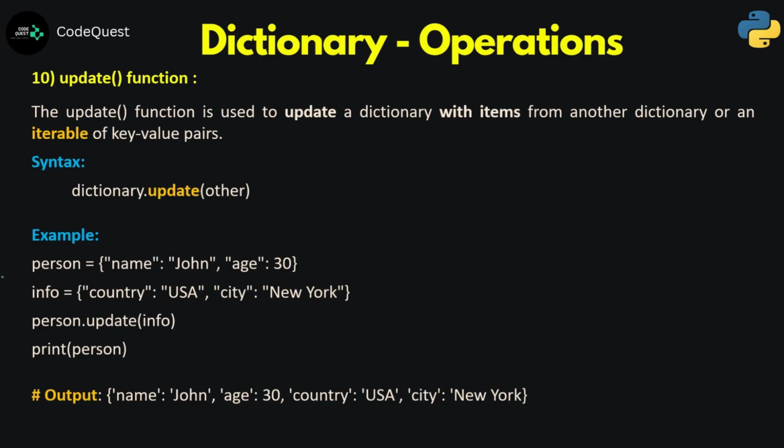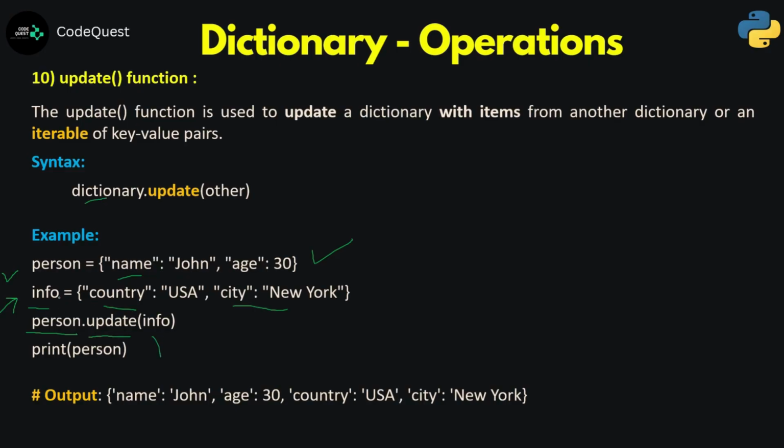Like in this context, we have taken person having two elements here. Now here we have one more dictionary we are creating, let's say info, holding two more elements. Now here I am calling person, that is the dictionary, dot update info.